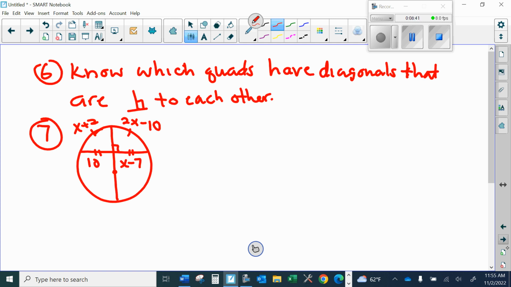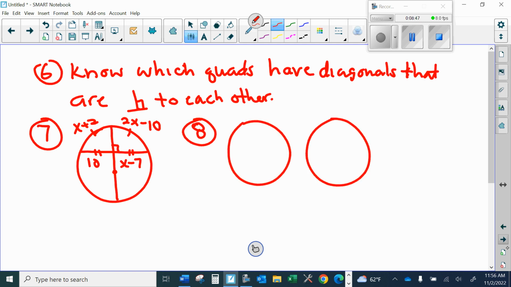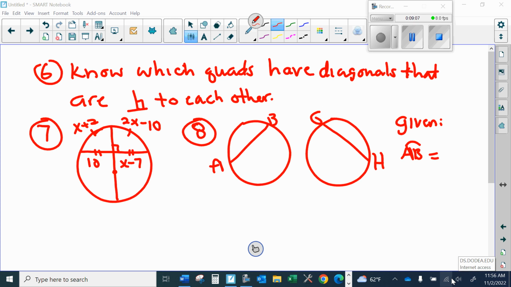Okay. Number 8. I have two circles. I should remember that. If I call that A, B, and this G, H, and the given is arc AB is congruent to arc GH.